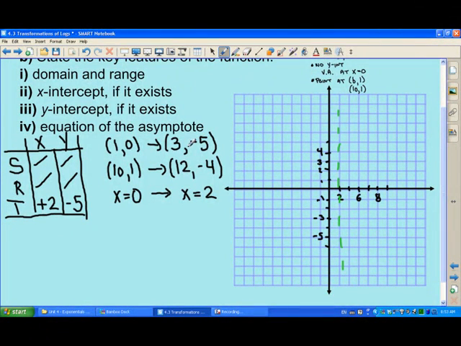I'll mark my point at (3, -5), and my point at (12, -4). So my graph is going to look something like this.